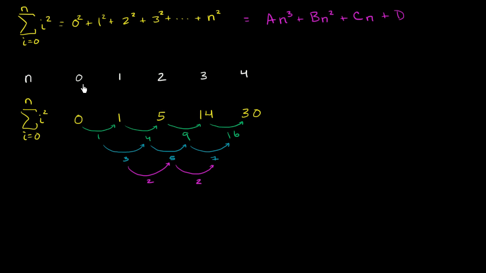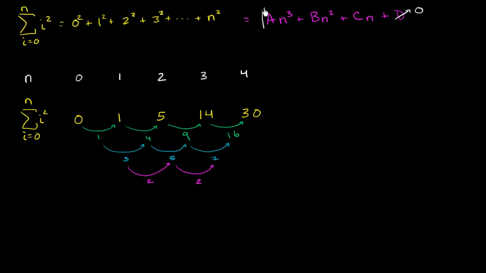When n is equal to 0, this function evaluates to d, but that function needs to evaluate to 0, so d needs to be 0. So I'm just trying to fix these letters to get the right outputs. So d is equal to 0, or we could just ignore it.